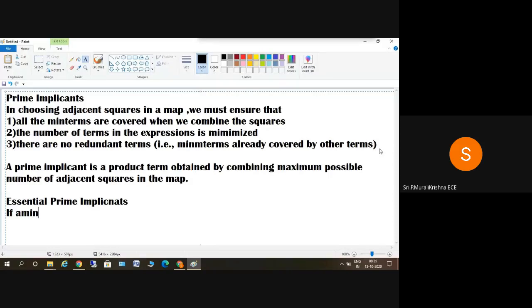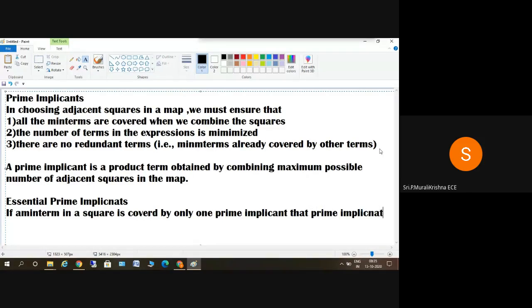If a min term in a square is covered by only one prime implicant, that prime implicant is said to be an essential prime implicant. Okay. For example, I want to say this.